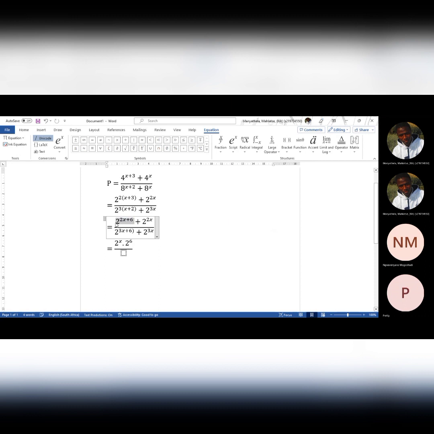Yes, this part is the same, so we are breaking it down.